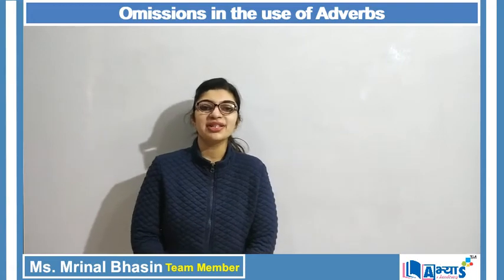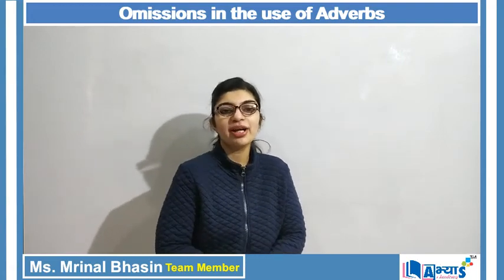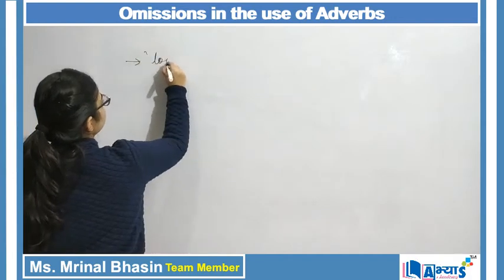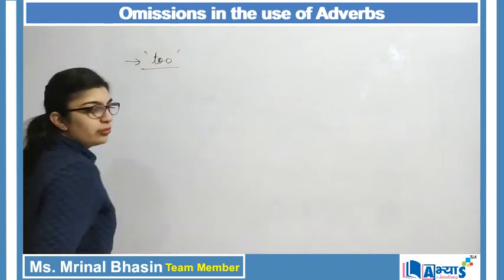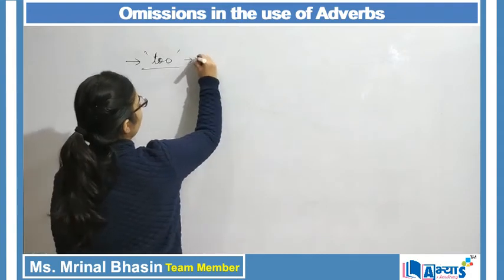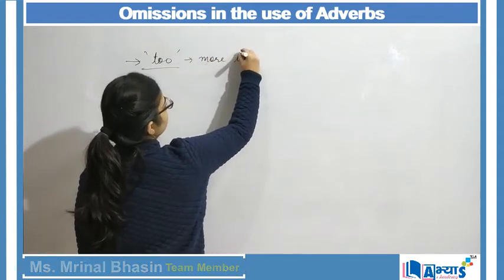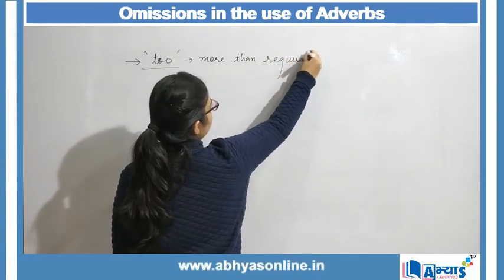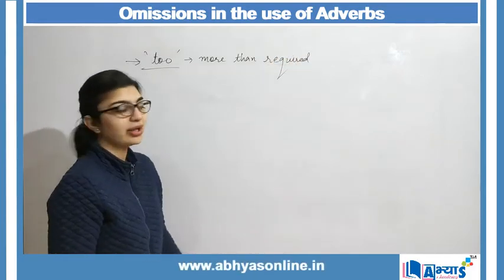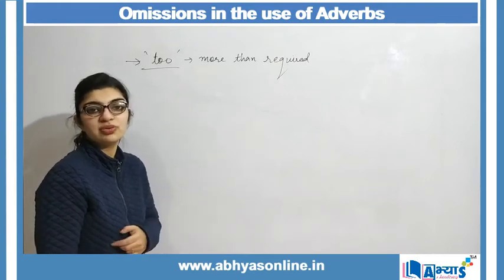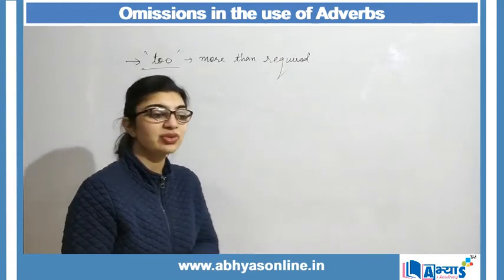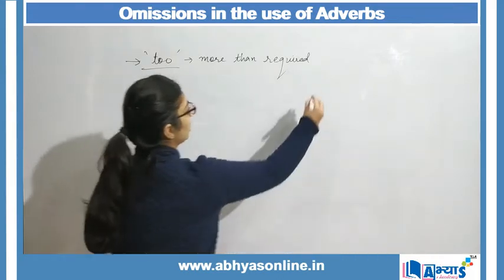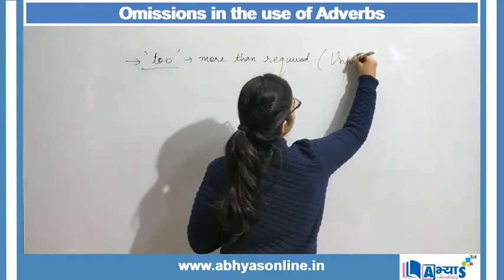Now another mistake is that whenever we make use of the word too, it means something which is more than required. Too refers to something which is more than required, and therefore we do not make use of too while showing happiness. This too is only used with unpleasant situations.